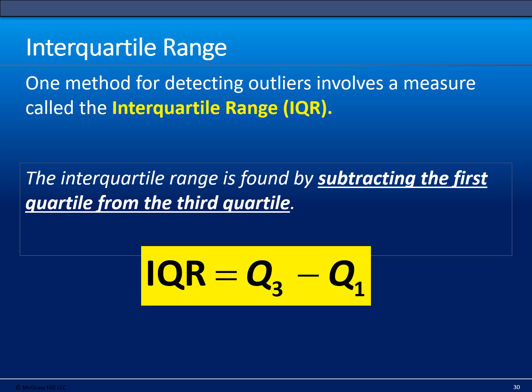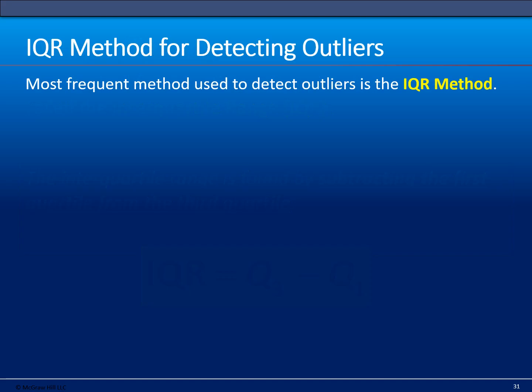So the interquartile range is a really simple value. It is simply taking quartile 3 minus quartile 1, subtracting the first quartile from the third quartile. That's all it is, and this gives you a numerical value.